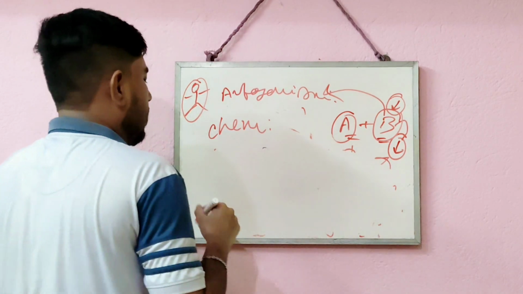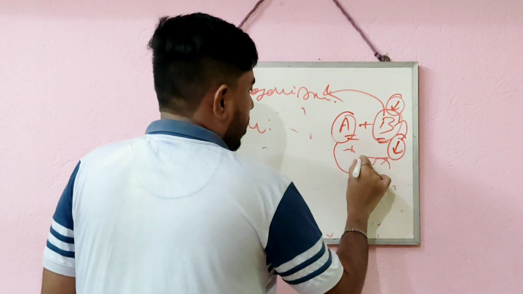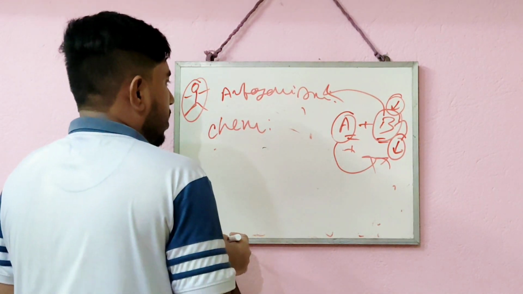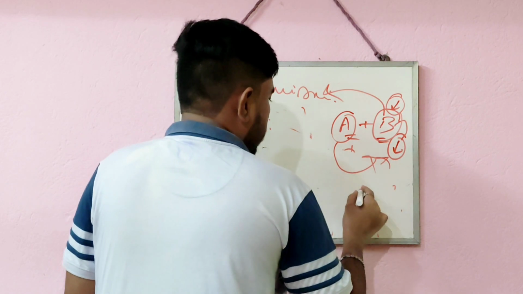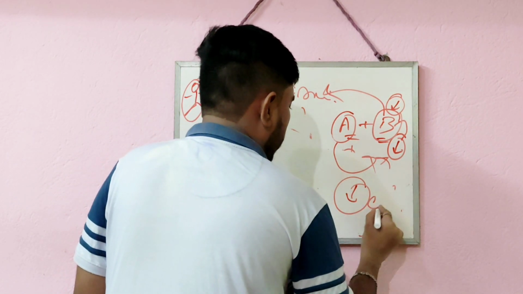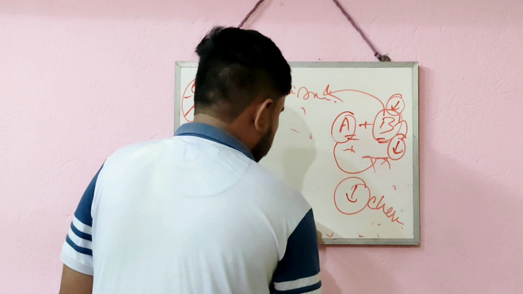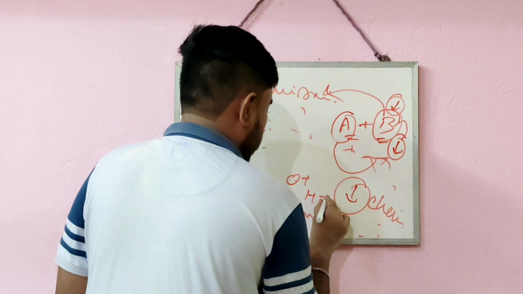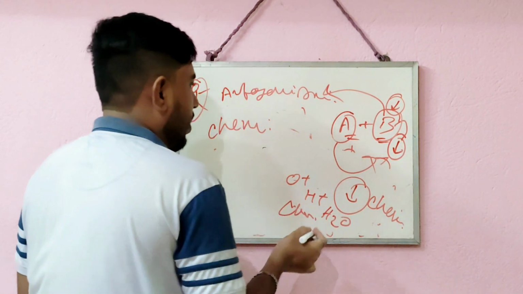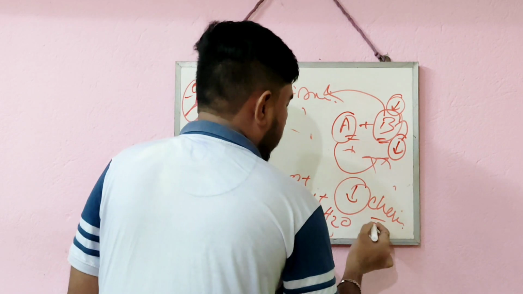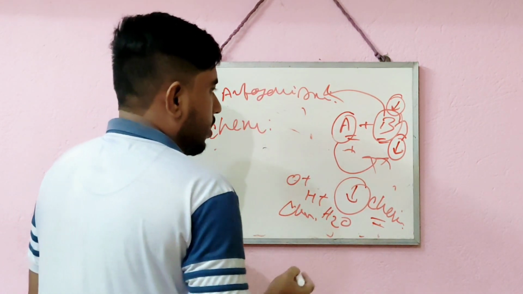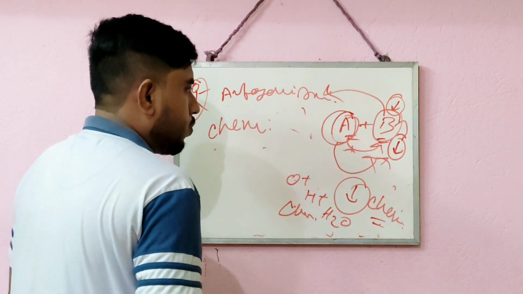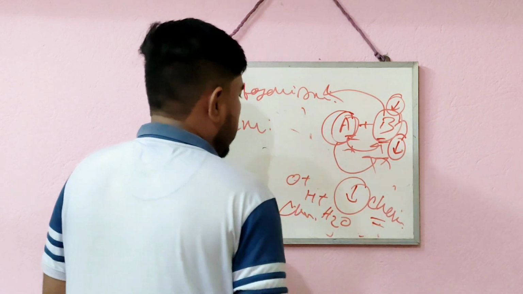This is like physical, but in physical antagonism, drug A decreases or inhibits the action of drug B by affecting its physical properties. But here the action is shown by affecting chemical properties, by different chemical reactions like oxidation, reduction, hydrolysis. By these chemical reactions, one drug is going to inhibit the action of another drug. That means drug A is going to decrease or inhibit the action of drug B.